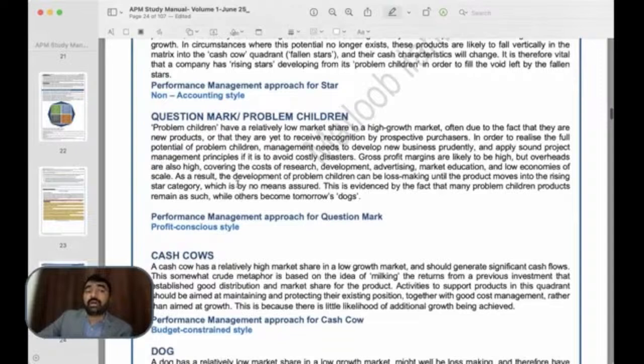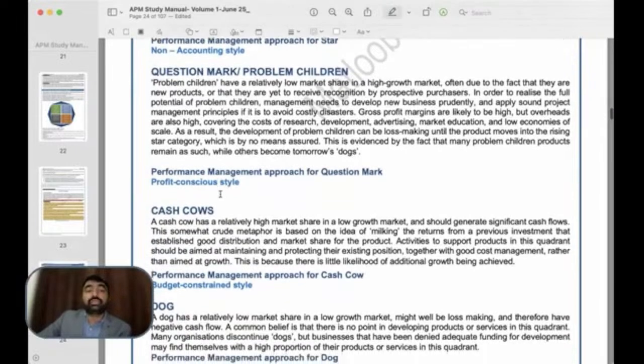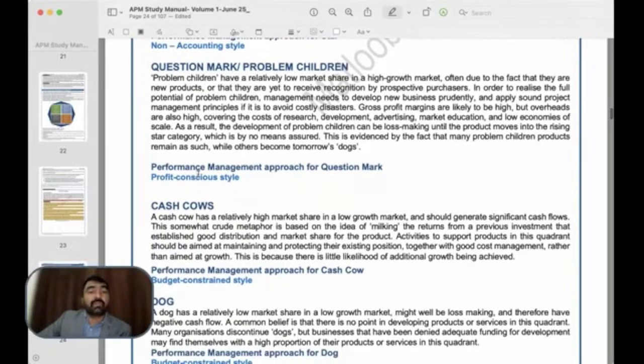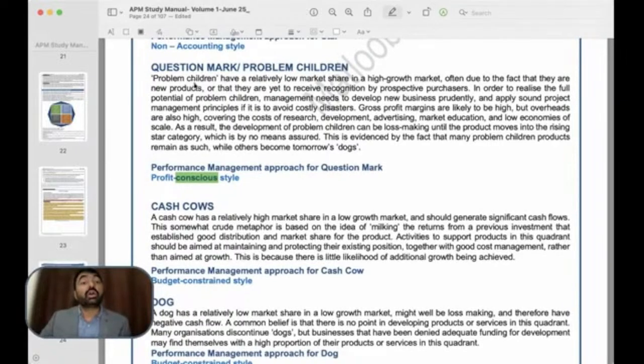For question mark, we need to have a different management approach that is called profit conscious approach. Profit conscious means yes, we can invest in a question mark because question mark is operating in a high growth market, but we need to move with clear targets. This is called profit conscious style. Yes, we can invest in the question mark, but with very clear targets.